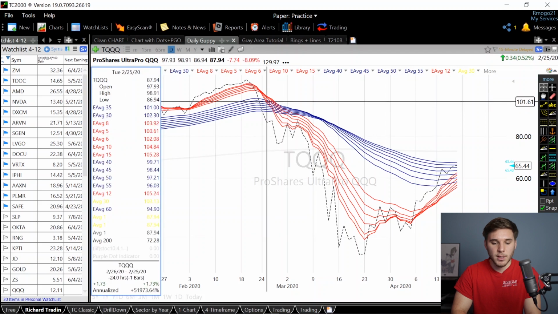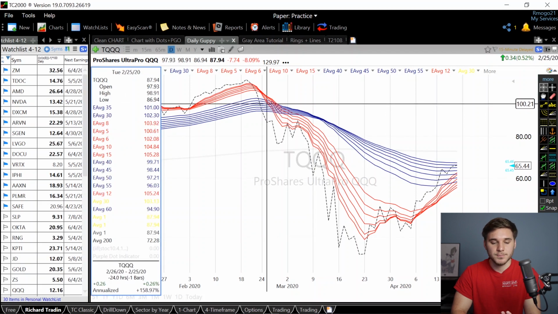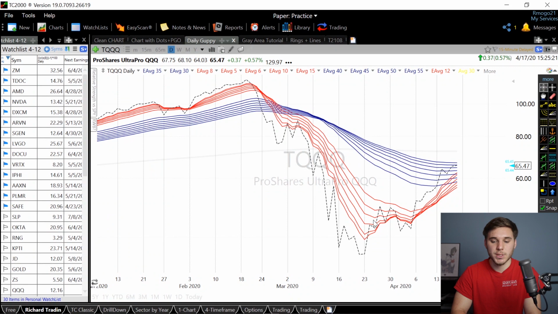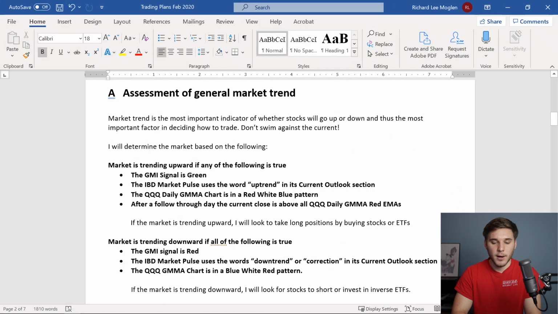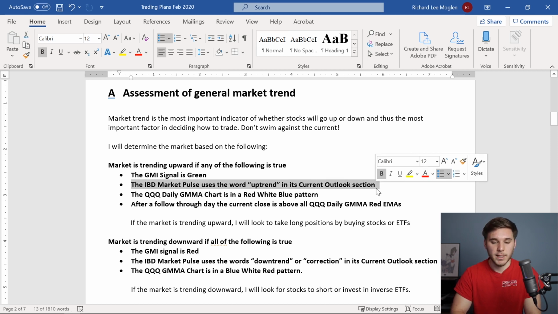It got you out right in late February before the worst of this crash, and currently we are still not in a red, white, blue uptrend. So that part of my rules is off, but I'm okay to be taking long positions because this criteria is met right here.